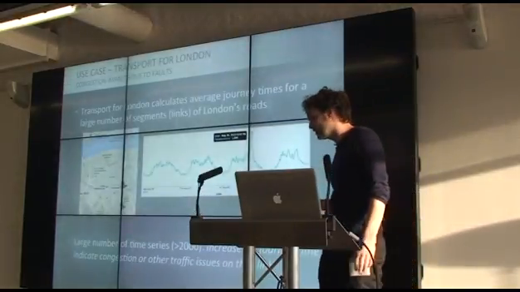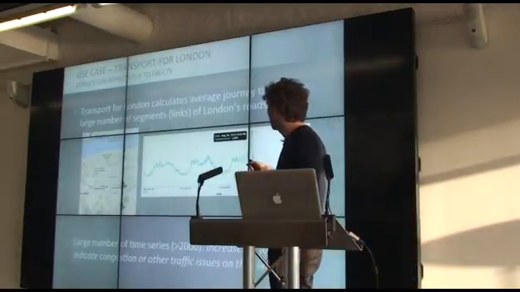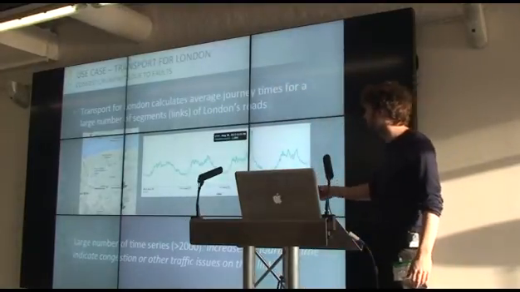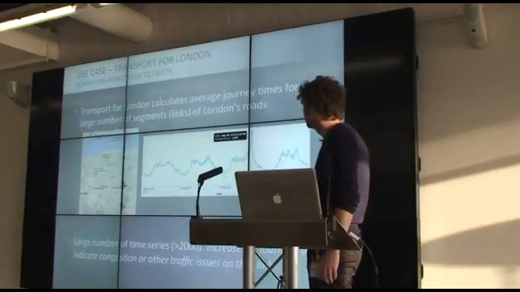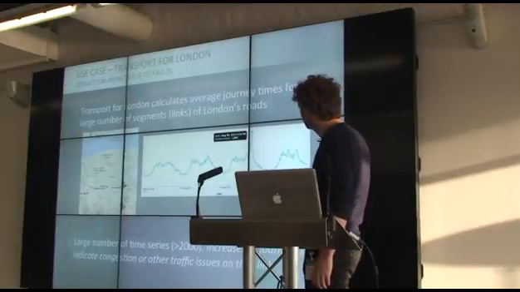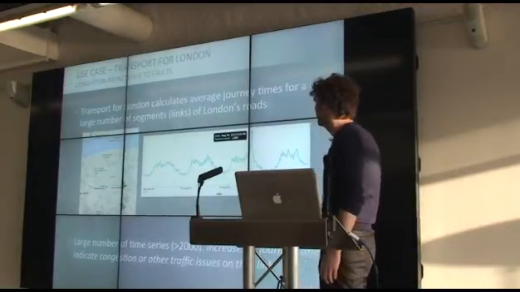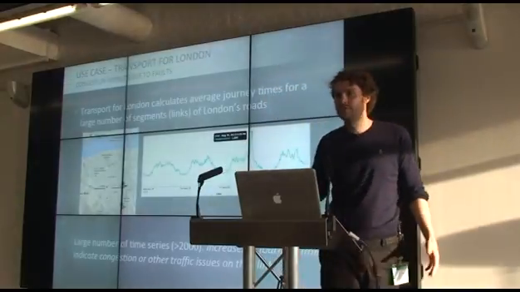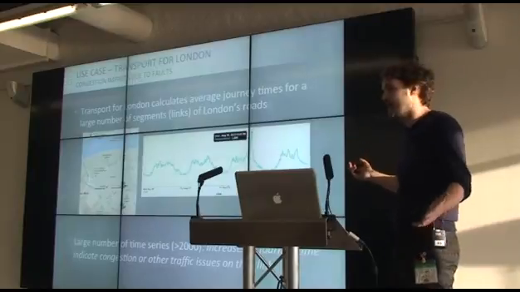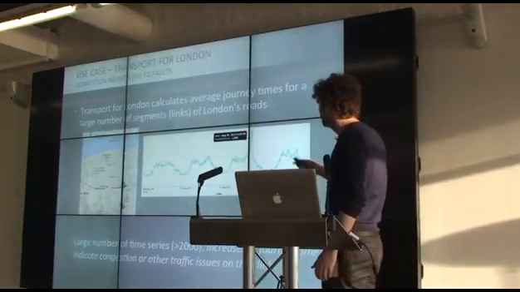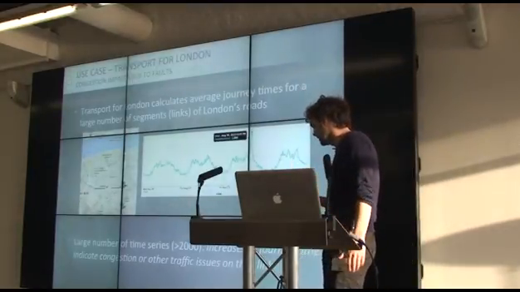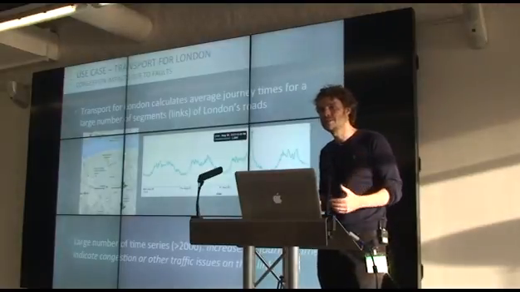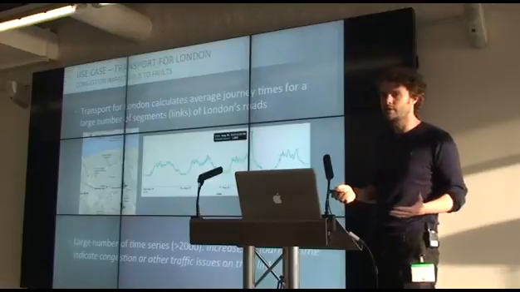The bus journeys were broken down into links, so you had a time series for each link. This is a particular section of a route, and in total there are about 2,000 routes. They display daily and weekly patterns, and you get value outliers and, perhaps not so much pattern outliers in this case, but outliers in context certainly.